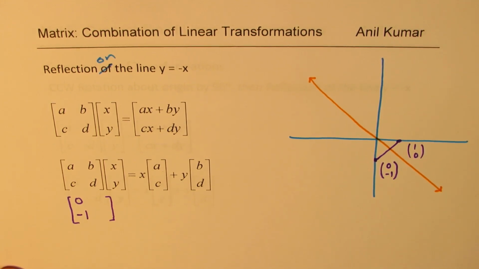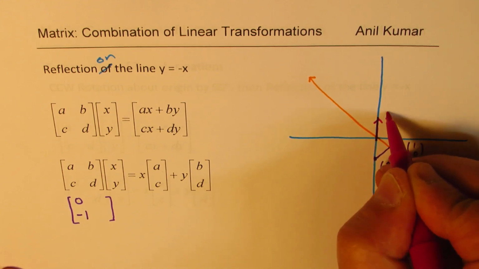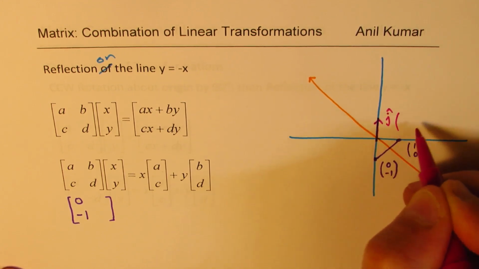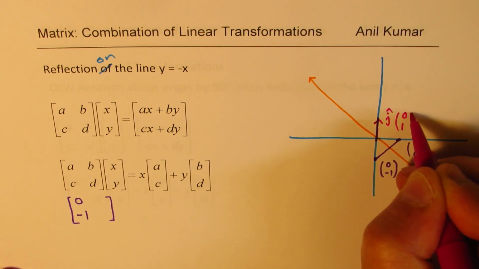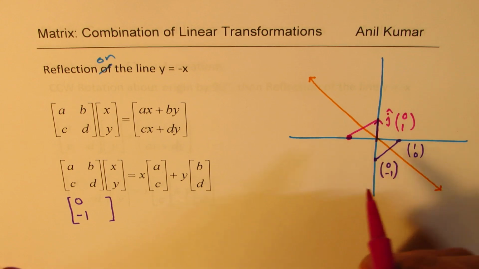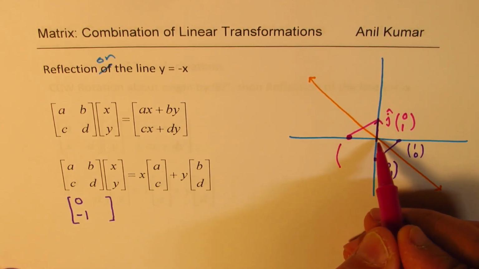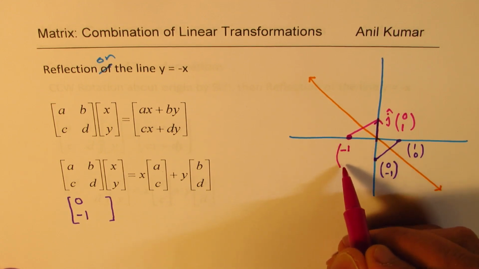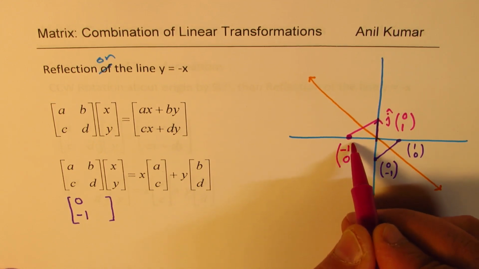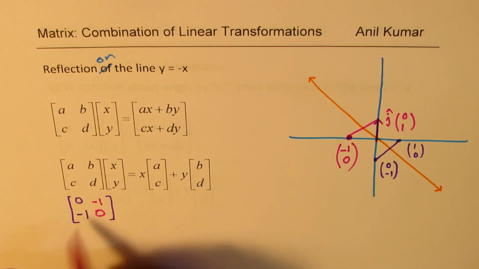What happens to the j? Now this is our j cap, which is 0, 1. Now when you reflect this on this line, you get a point here, which will be what? So here, the x value is -1, the y value is 0. So you get -1, 0.